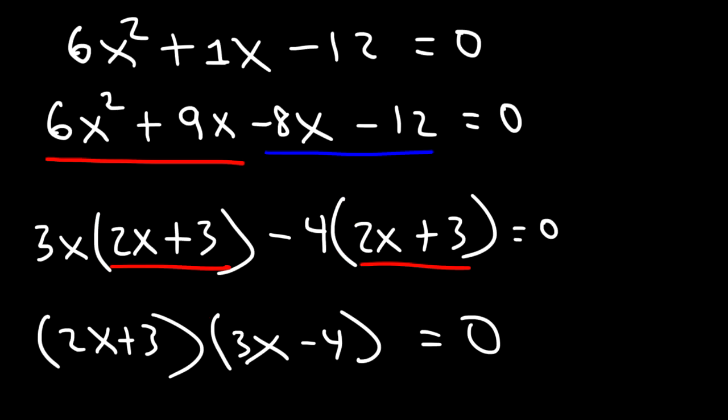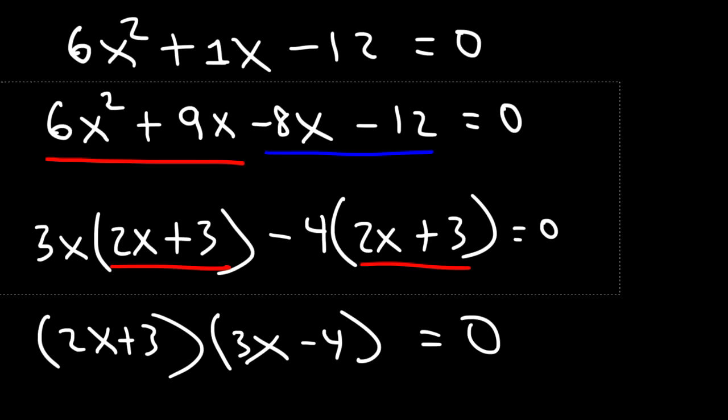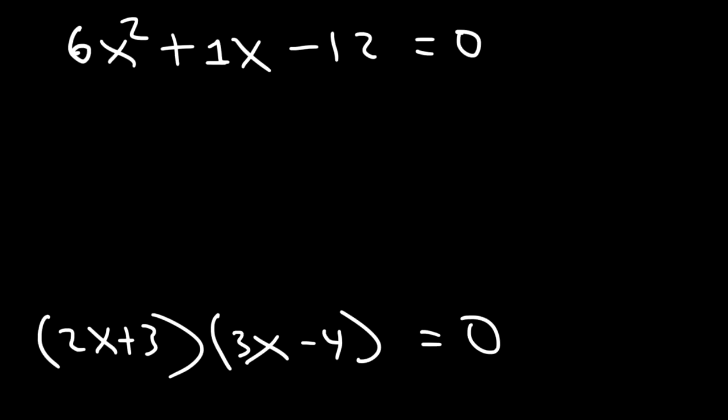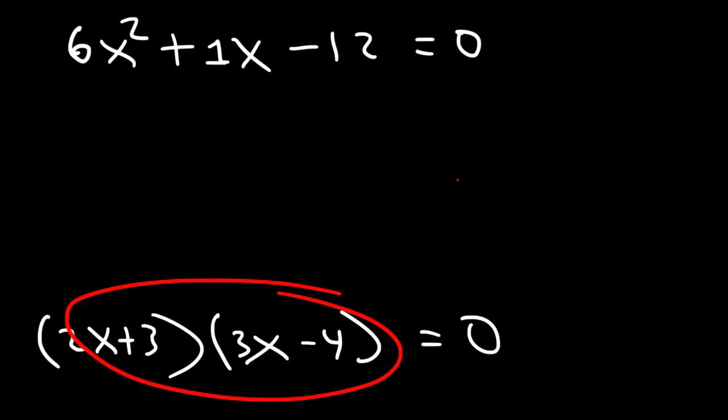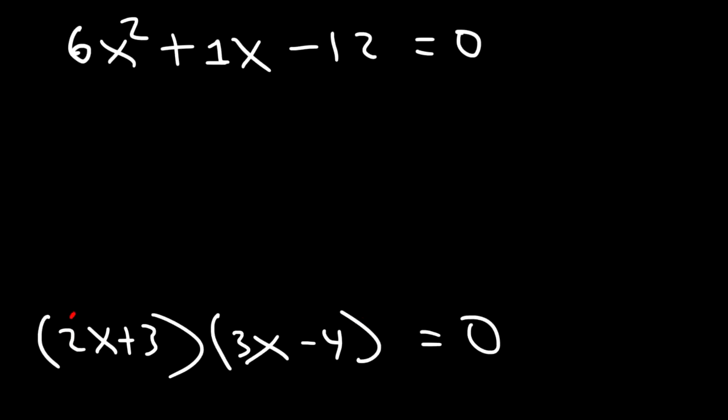Now, let's make sure that our answer is correct. What we can do is we can FOIL this expression to see if it's going to give us the original expression. 2x times 3x is 6x squared.